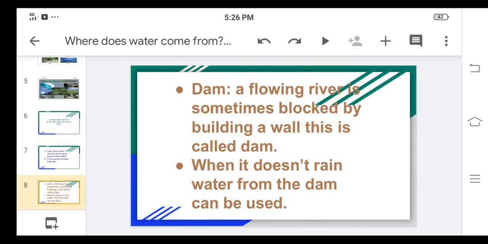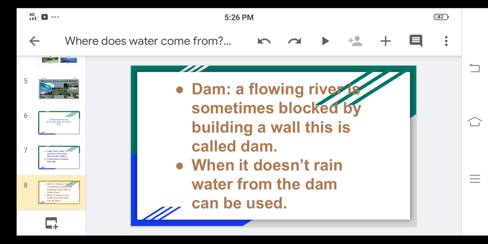Next is dam. As I told you, a dam is not a natural source, it is man-made. So what is a dam? A flowing river is sometimes blocked by building a wall. This is called a dam. Suppose I give you our example. Our Nanded district is situated on the Godavari river.